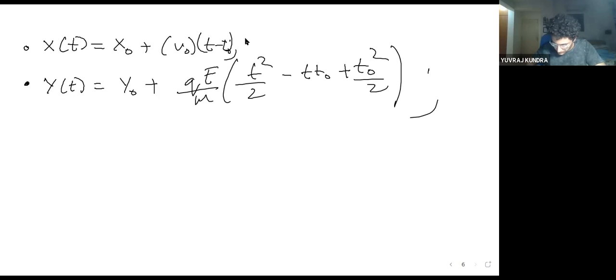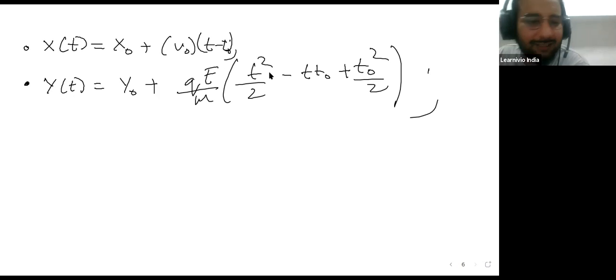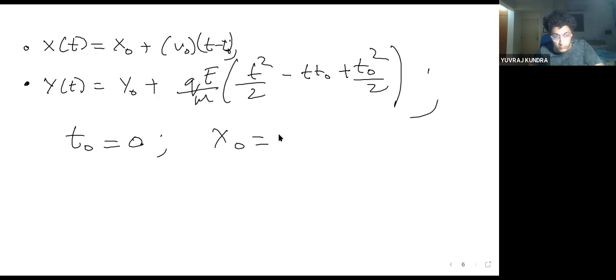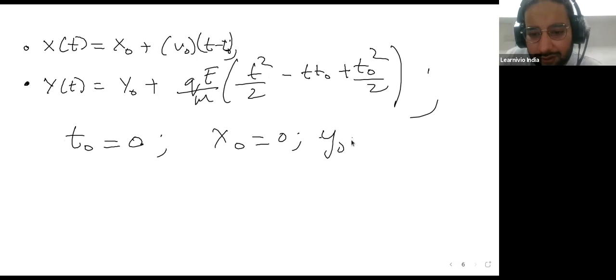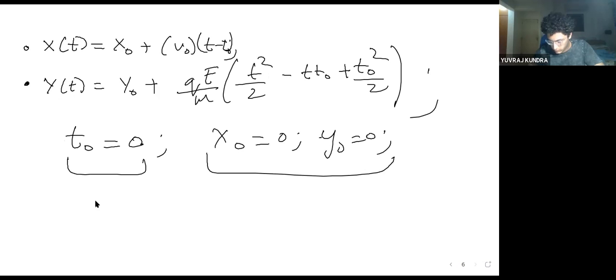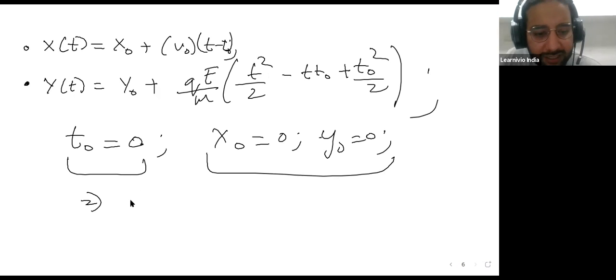Now let's simplify things a bit. Let's take t naught equal to 0, x naught equal to 0 and y naught equal to 0. Right? We started at the initial point and from the initial time, so things simplify. x naught is 0, so x just becomes v naught t.